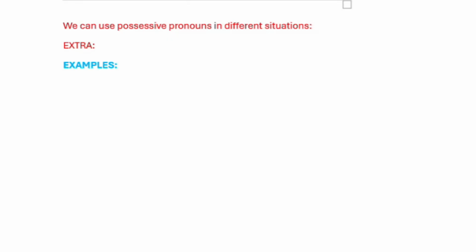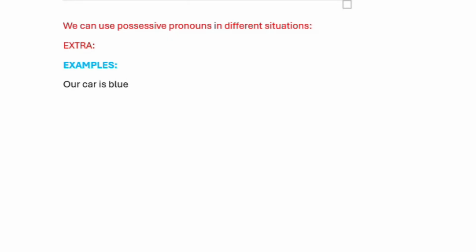Sometimes students ask me, teacher, I have seen that ours, mine, sometimes appear at the beginning of the sentence, and I don't understand, because normally when you gave the examples before, I noted that the possessive pronouns were added at the end of the sentences. Yes, absolutely, but they can also be at the beginning of the sentence. I'm going to give you examples to make it easy to understand.